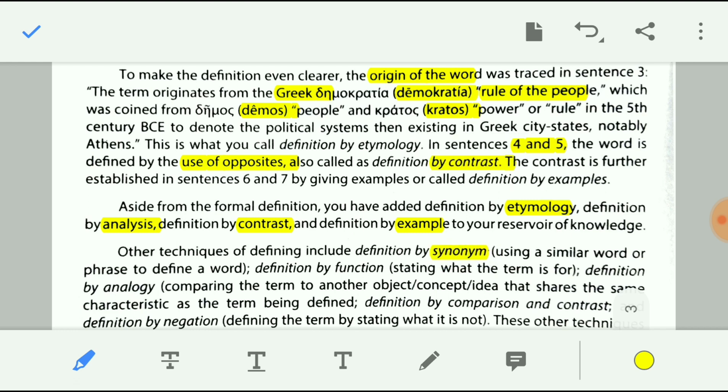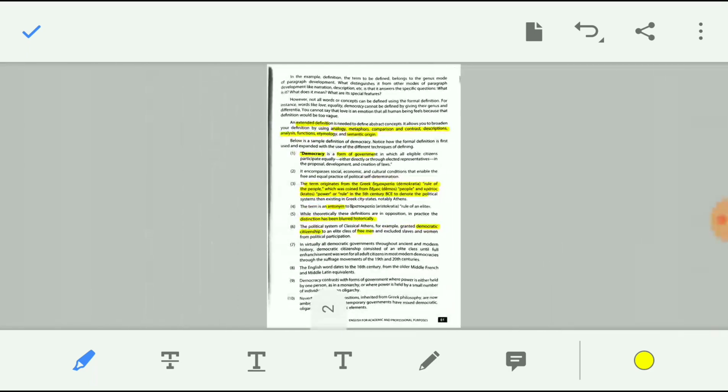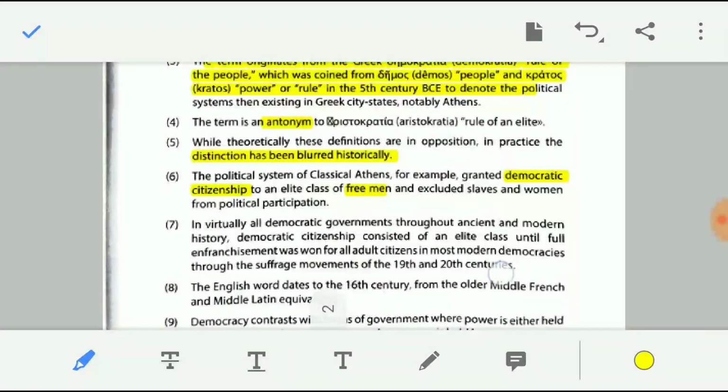You may also use the antonym. Antonym was seen here on the page in example number 4. Example number 4 mentioned the opposite of what democracy is. So if it's a rule of an elite, then that is not democracy.